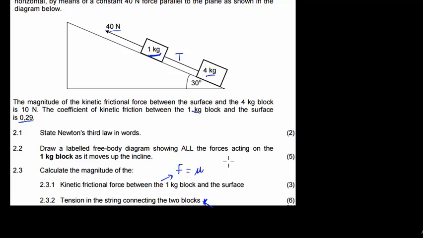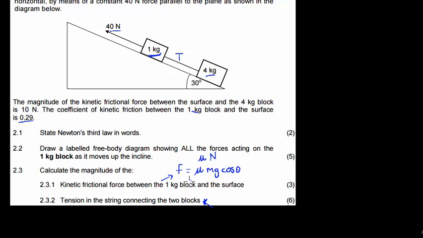It's the coefficient of friction times the weight, which is mass times gravity, and then cos of the angle of the incline. Where this comes from is that the formula is actually mu times the normal force.